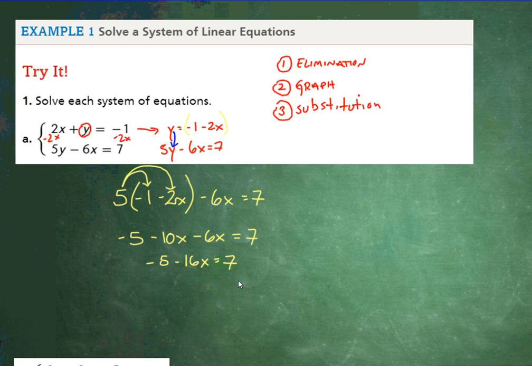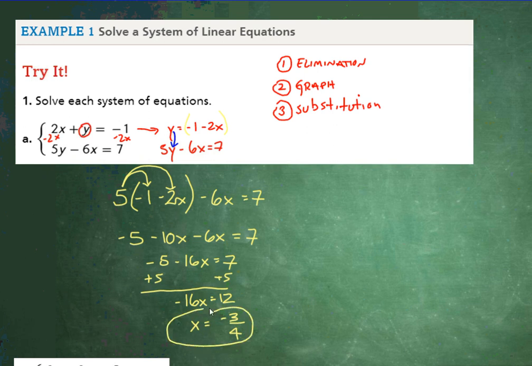We're just doing algebra 1 now. We're going to add the 5. Get -16x equals 12. Go ahead and divide by -16, and x is going to equal -3/4. It simplifies. So here's x.